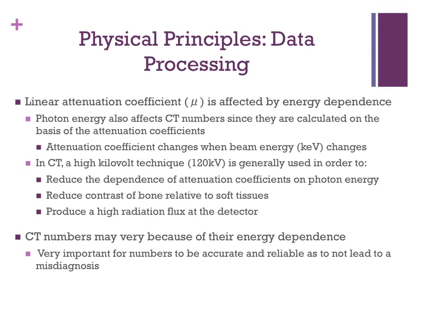In CT, a high kV technique, like 120, is generally used in order to reduce the dependence of attenuation coefficients on the photon energy, reduce the contrast of the bone relative to the soft tissues, and produce a high radiation flux at the detector. CT numbers may vary because of their energy dependence. This is very important for numbers to be accurate and reliable as to not to lead to a misdiagnosis.